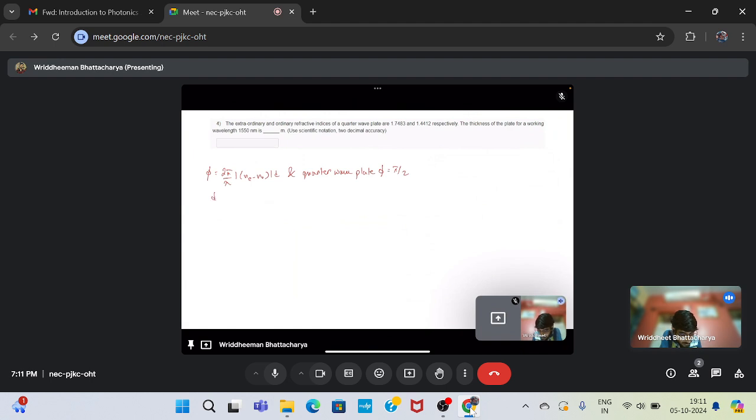Therefore the thickness d equals 1.55 × 10^-6... by 4 (1.7483 − 1.4412), which is 1.26 micrometer.